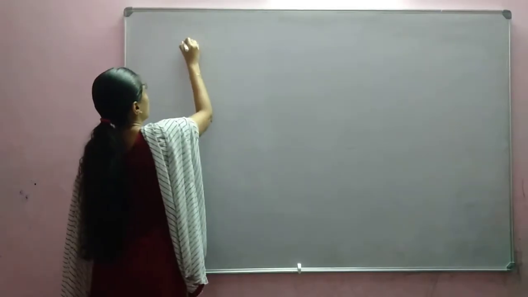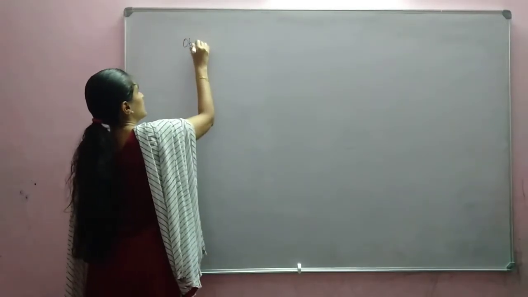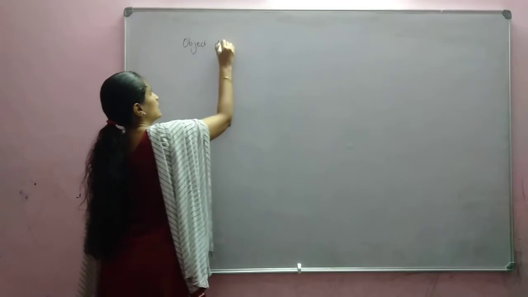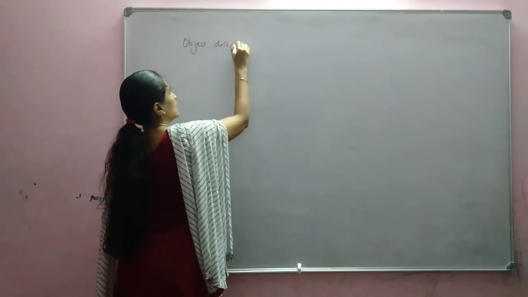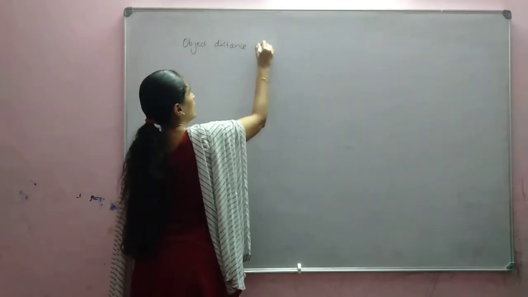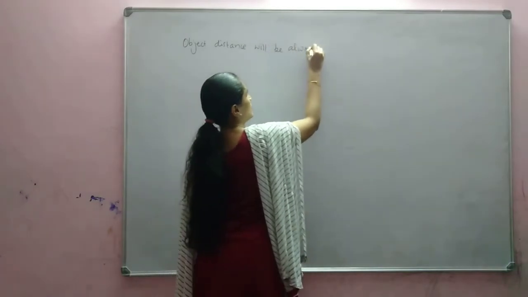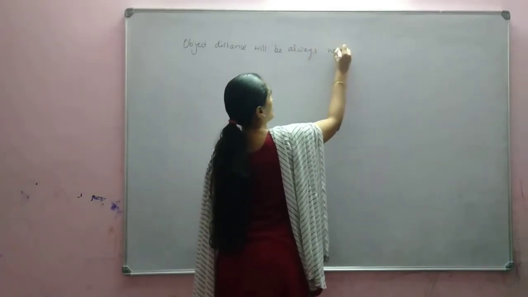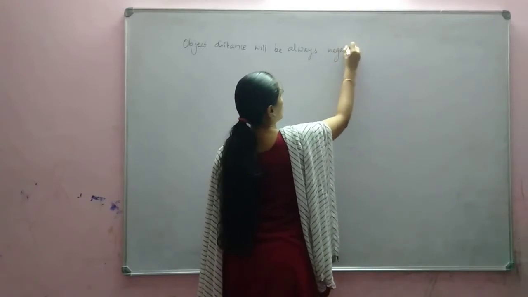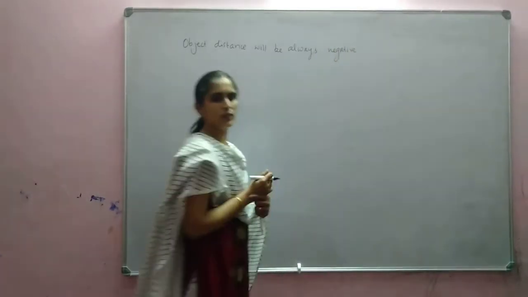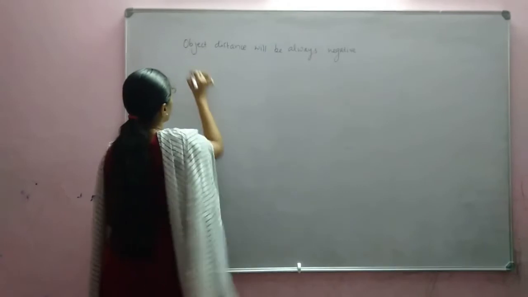So we can write: object distance will always be negative.